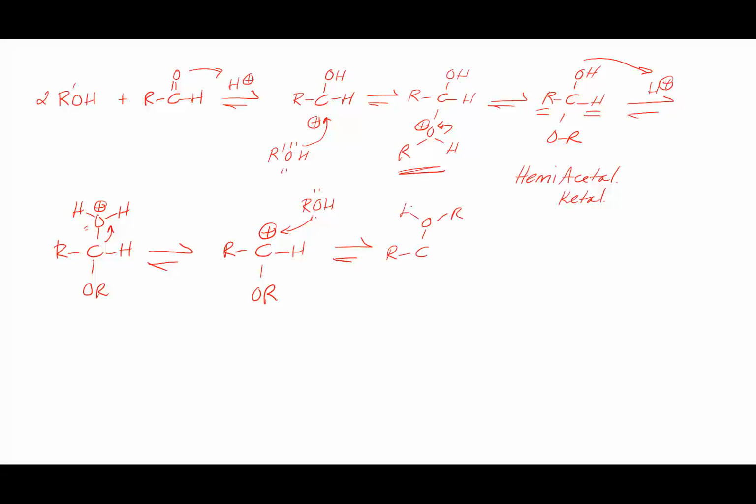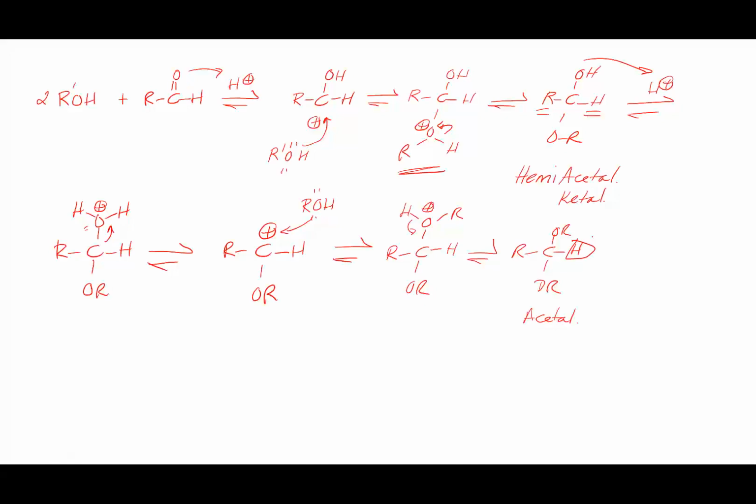Alcohol adds to the carbocation, forming an oxonium ion, and we lose our H plus to give us that, which is a full-blown acetal because it came from an aldehyde. And we'll talk about how you tell the differences between all these different molecules in the coming days.